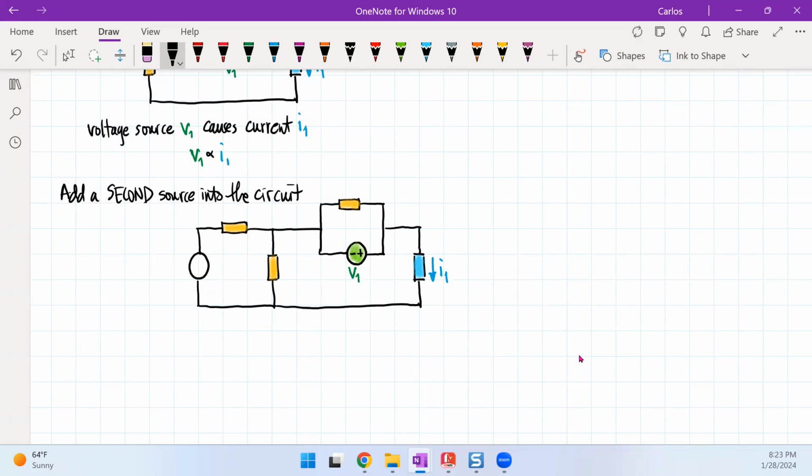When I look at these sources here, let's say we make this a purple source. This is going to be plus minus, and this will now be V2.